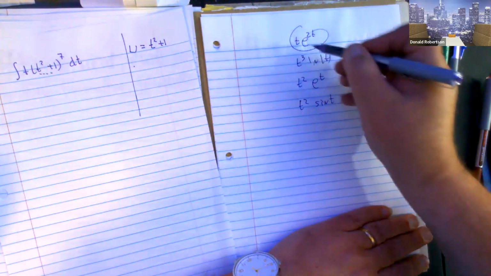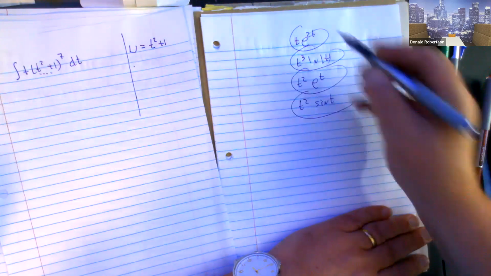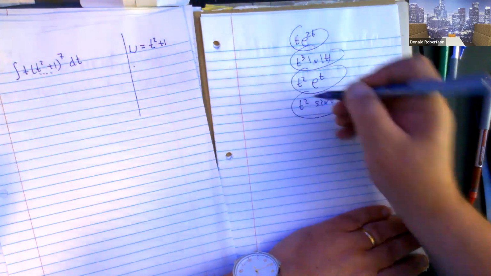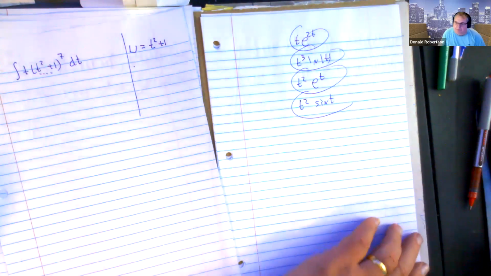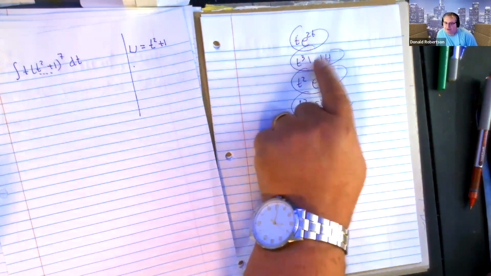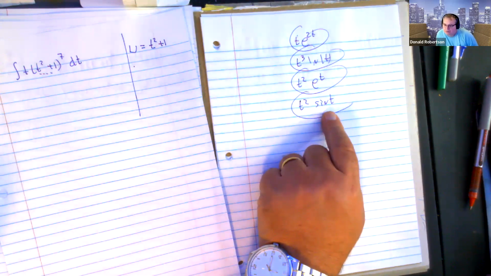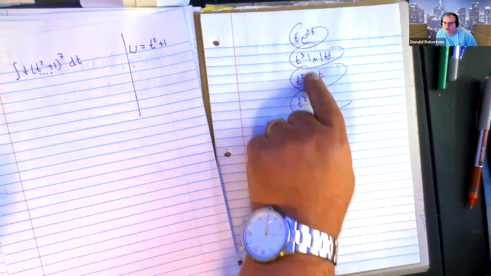If you ever see that kind of shape, it's typically some power of t followed by an e, a log, or a trig function, right? If you ever see that pattern, integration by parts is a good chance of being the method. And it's not foolproof because there are exceptions to every rule, but you see that has a kind of look to it.